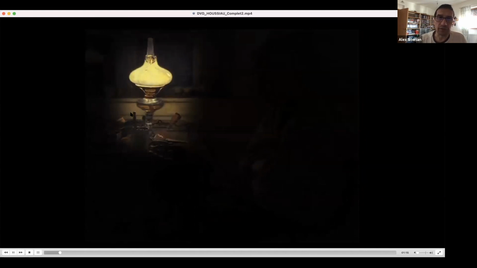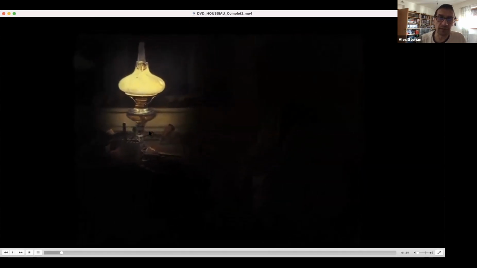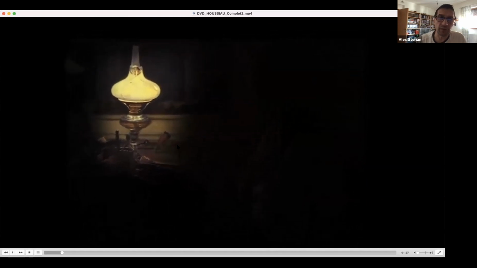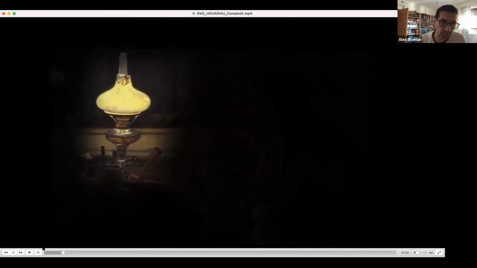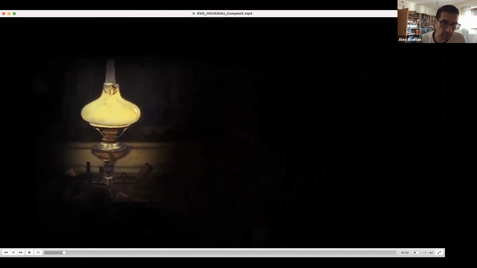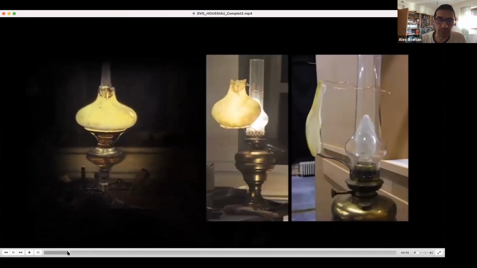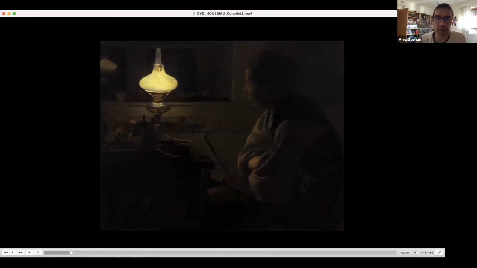So the logic of the single source within this space is that this source itself is making all the atmosphere by lighting the space around, and the way the intensity and the quality of that light will emphasize all this environment here.